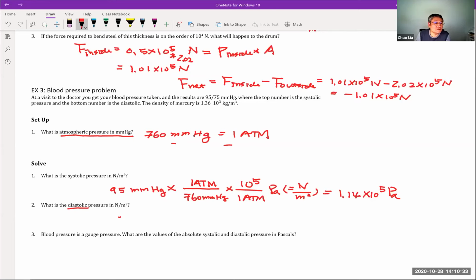So if you wanted to find out what the diastolic pressure is, you have to use this hydrostatic pressure equation. The 75 actually is this number over here. It's the change of the pressure.